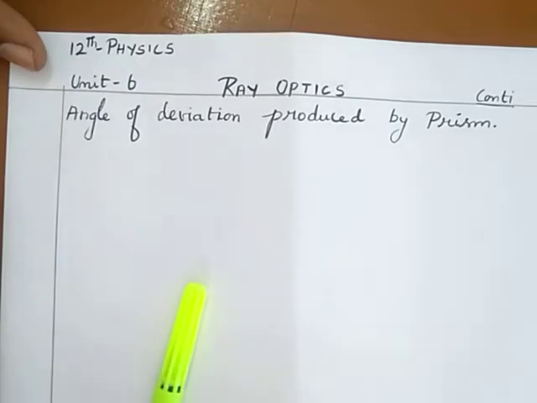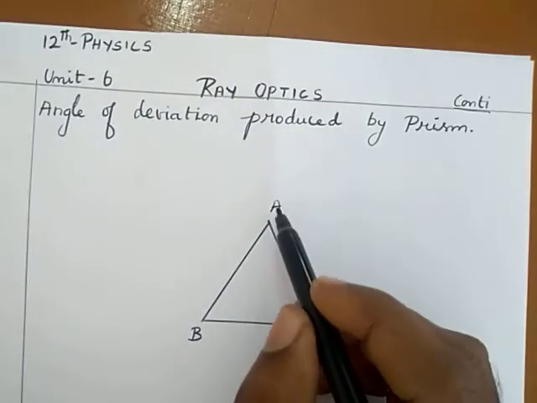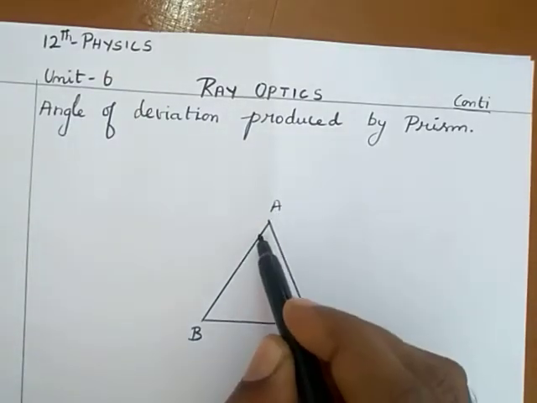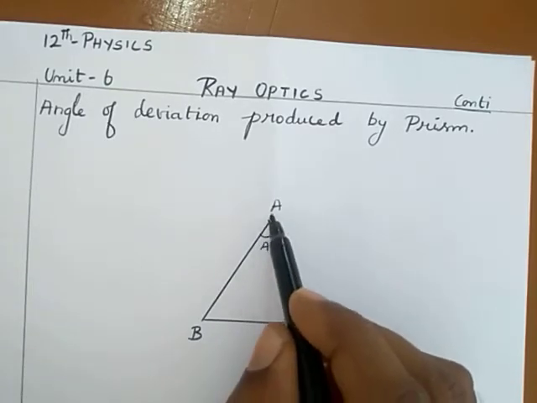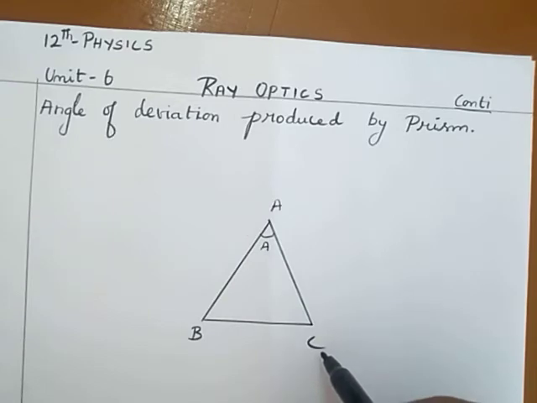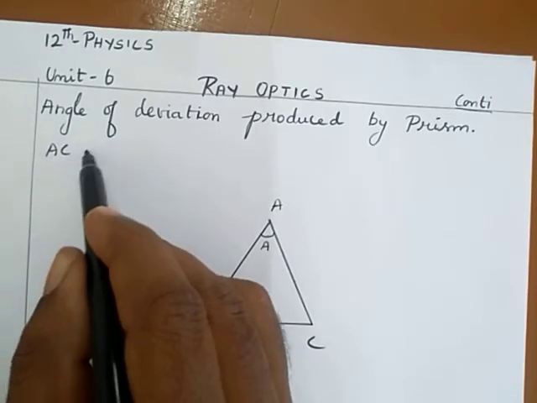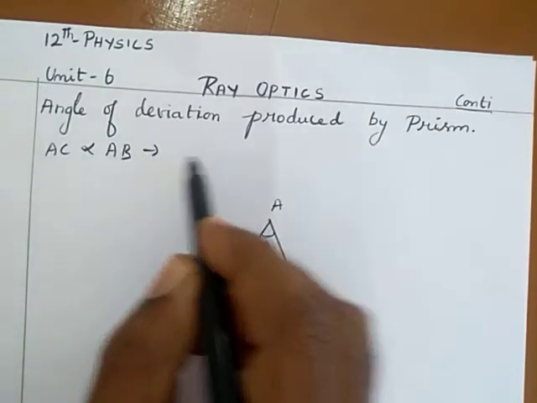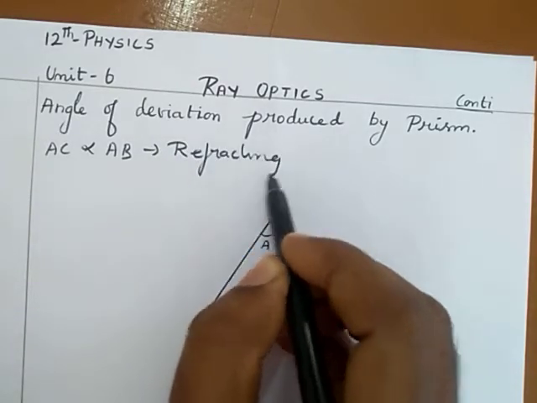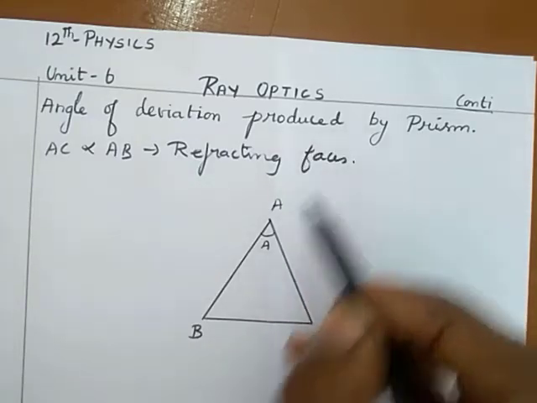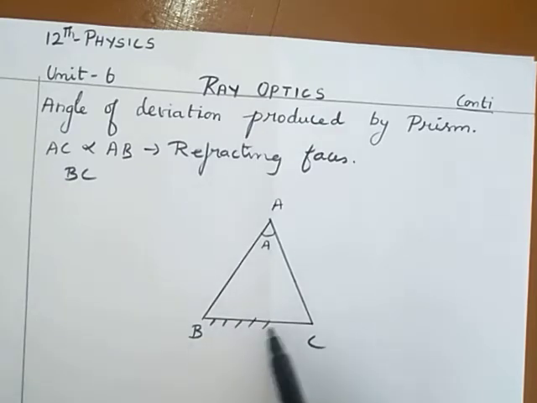So, I consider a prism ABC. Here it is the angle of the prism. The surfaces AB and AC are polished surfaces, or refracting surfaces, or refracting faces. Then BC is a rough surface, or rough face.